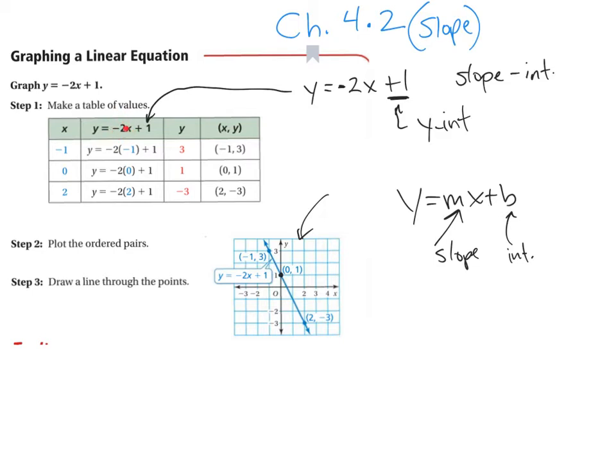this -2, is the rate of change. So it is how much the graph changes. It's going to start here at this plus 1 y-intercept, and if you look at the next point that it intersects perfectly on the graph, it goes down 2, right? It changed down 2 and right 1.